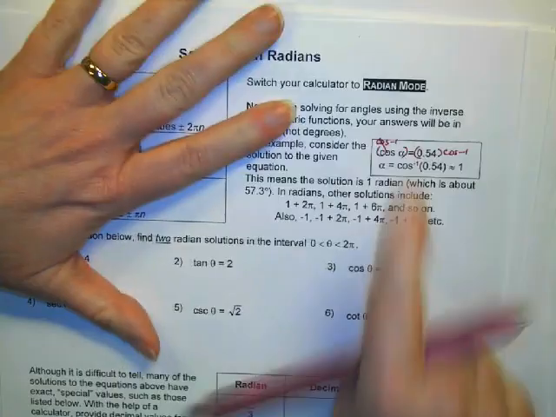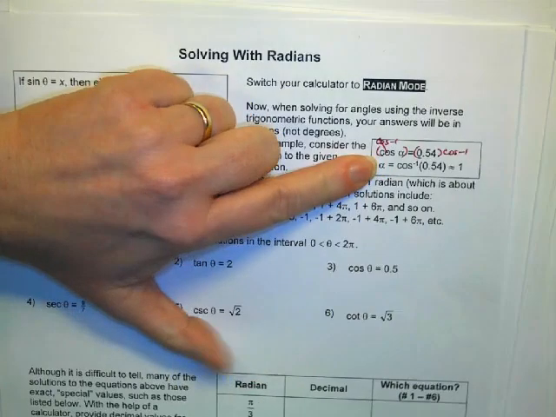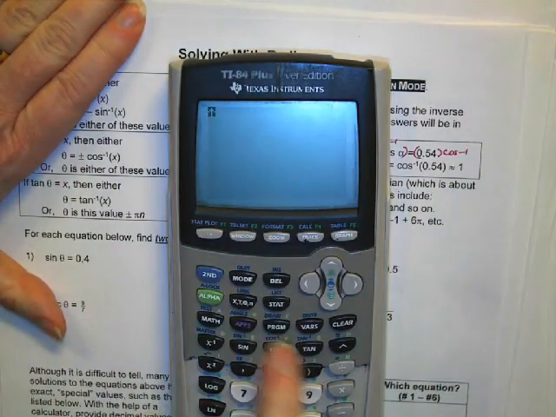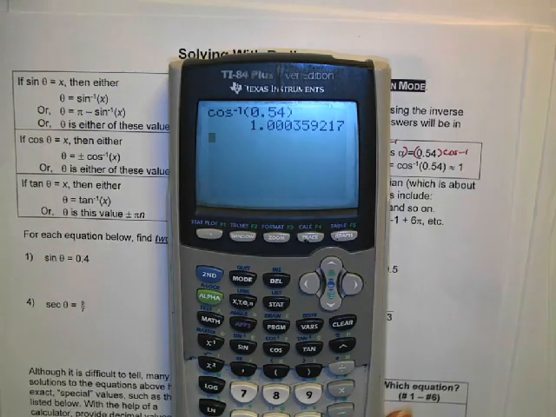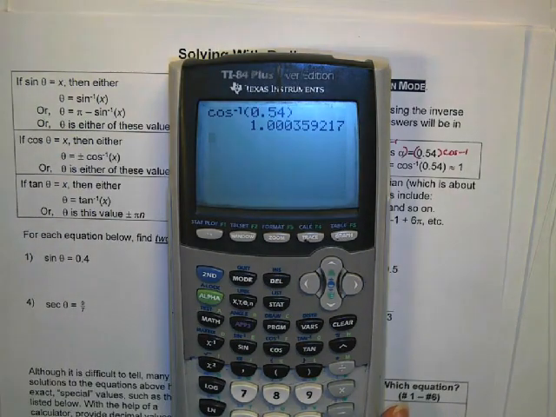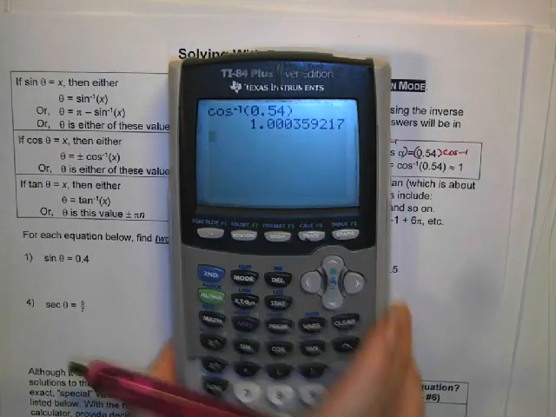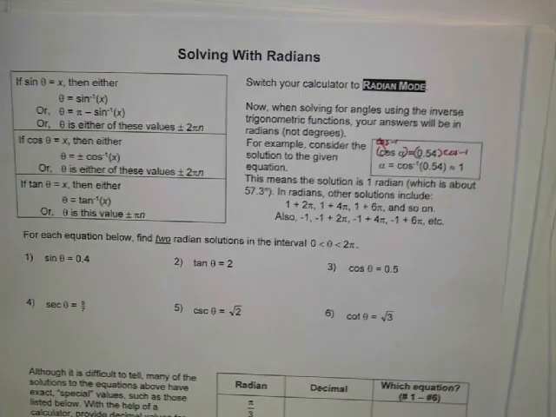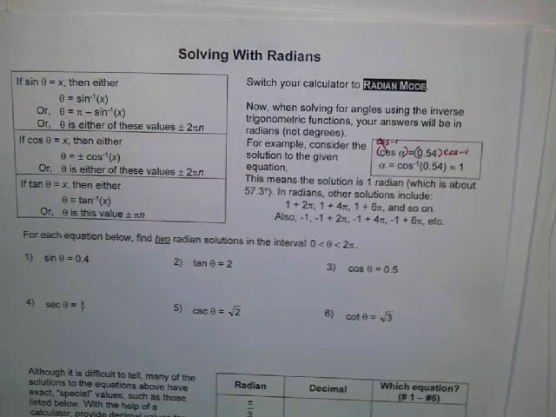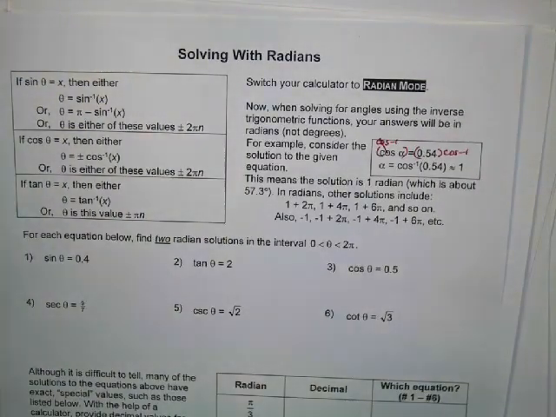That cancels cosine, giving me just alpha. So I put in my calculator inverse cosine of 0.54, and it gives me approximately 1.00035, so approximately 1. That's just one answer, and that's in radians, because I switched to radians because it told me to. But there are so many answers that are that same one.